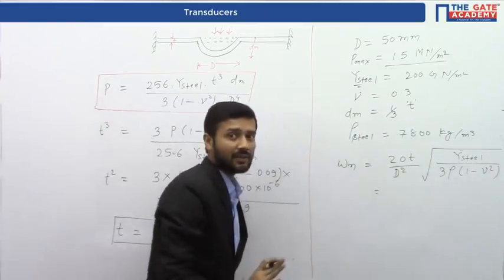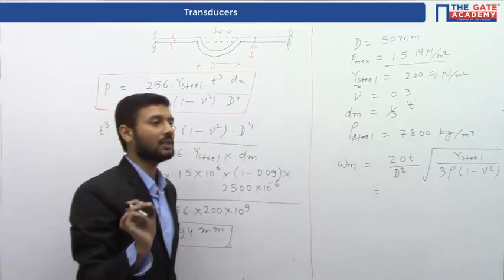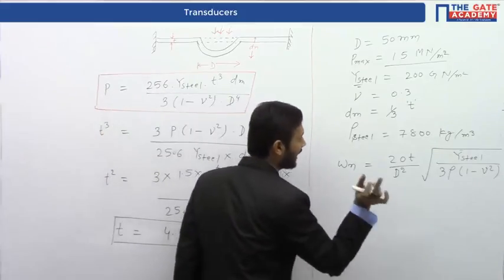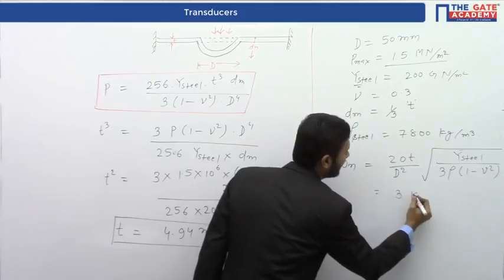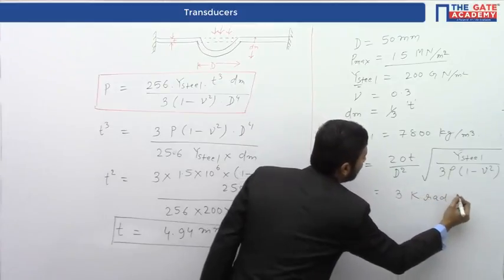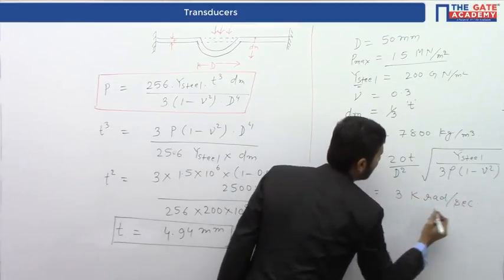All the values are given. If we put all these values, we'll get omega n approximately 3 kilo radian per second.